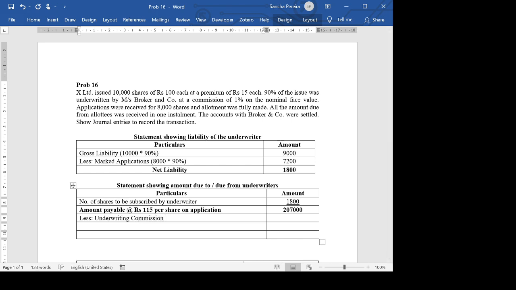Since it's just one person, I don't have to split it. Underwriting commission is always calculated on the gross liability. So it's going to be 9,000 into, instead of 115, only 100. Why 100? Because they've said on the nominal face value. So not 115, not the issue price, but the face value, into 1%.